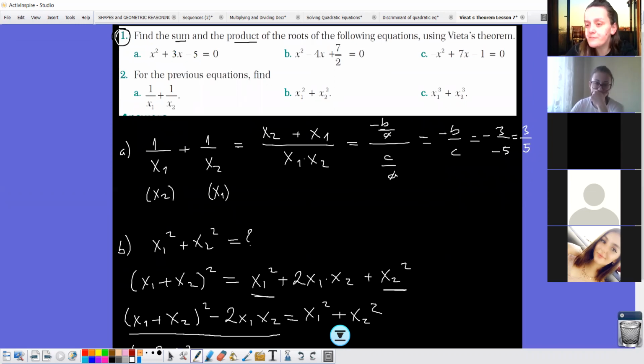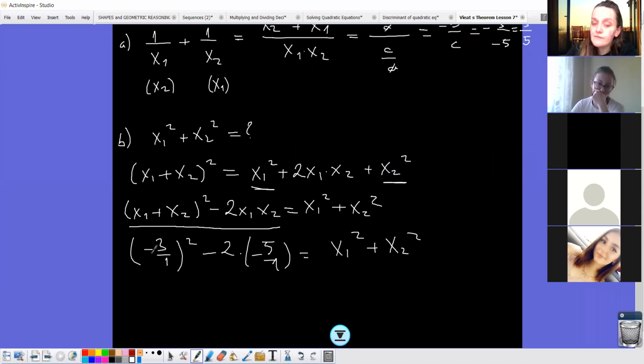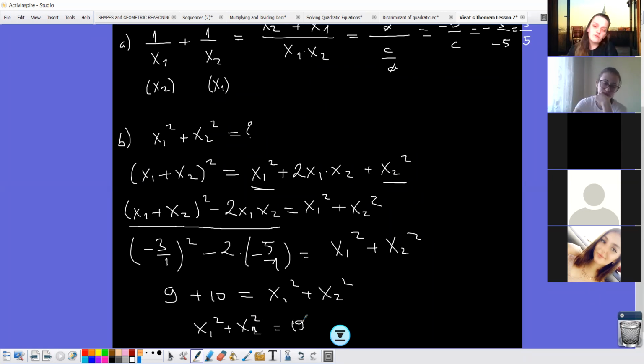Yes. Then minus 2 times c over a, which is minus 5 over 1, is equal to x1 squared plus x2 squared. Then this is minus 3 squared, which will be 9. And this one is minus 2 times minus 5, plus 10. So 9 plus 10 is equal to x1 squared plus x2 squared. So the result of it will be 19. Did we understand how it works?